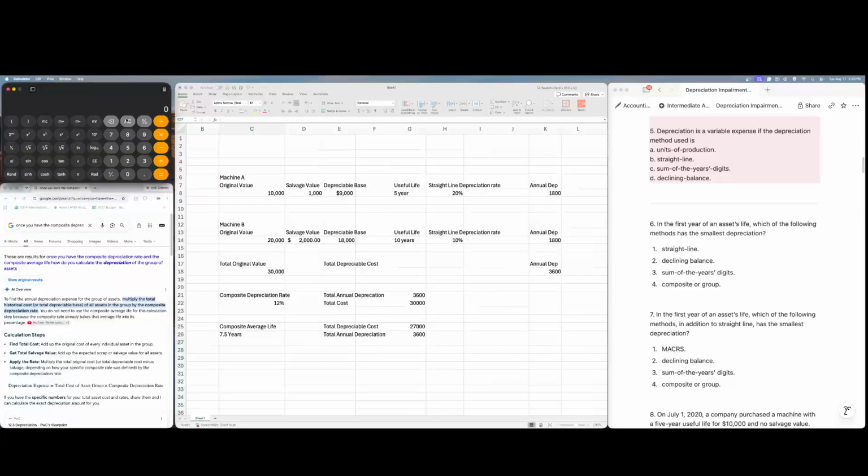So you have to calculate it by the total depreciable base, 27,000. It's 27,000 times 12%. So that means that per year it will depreciate by $3,240.